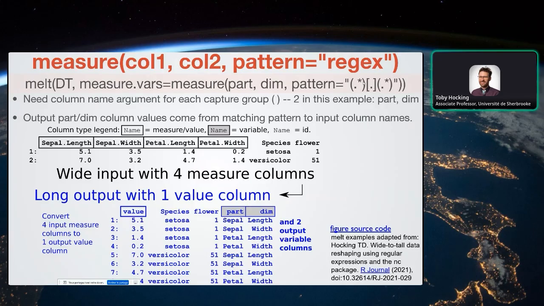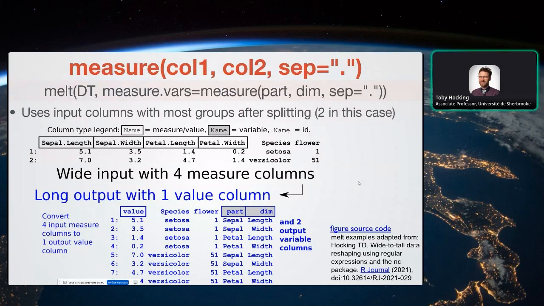Inside the parentheses is what is going to be the data that gets mapped to the corresponding element of this new column that's created, based on these names specified in the first part of the measure. So here, we're going to capture the first part, sepal or petal, into the part column. And the second part here is going to be captured into the dim column. So that's either width or length. That's why we see in the output here we have 2 columns, part and dim, that we get right away when we use this measure syntax with the melt function.